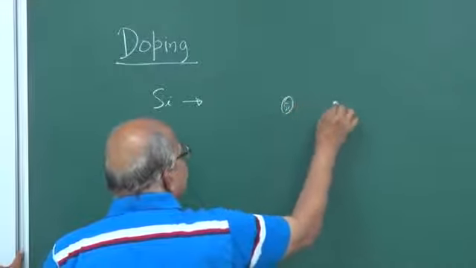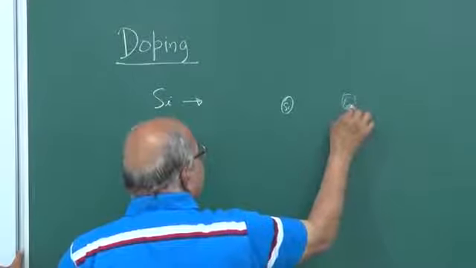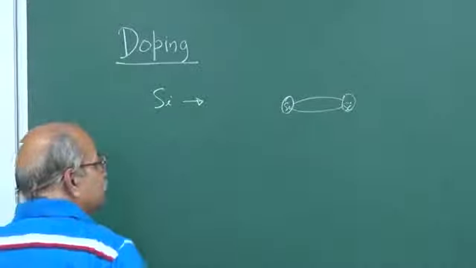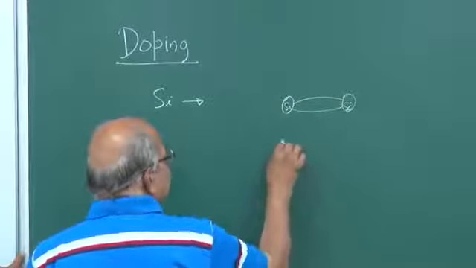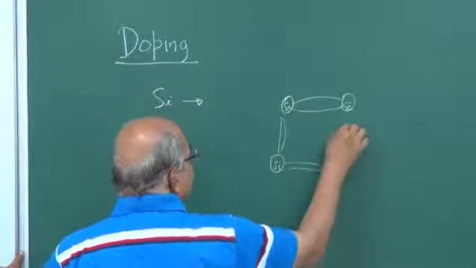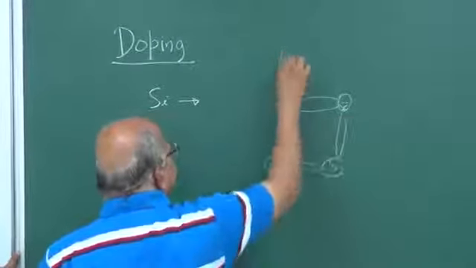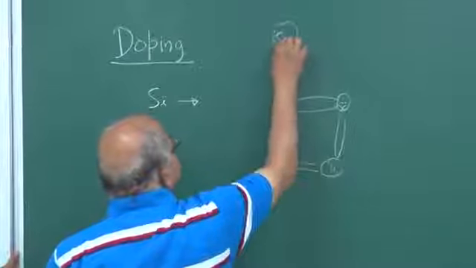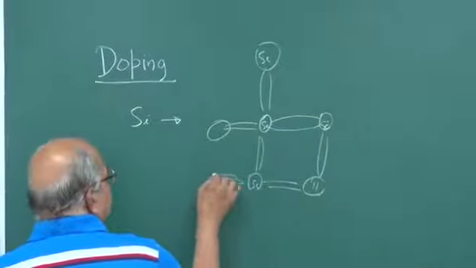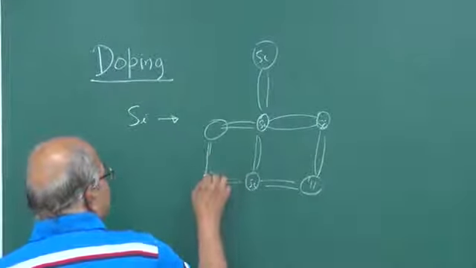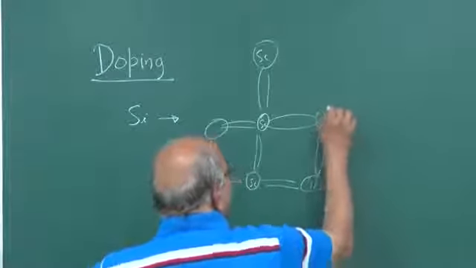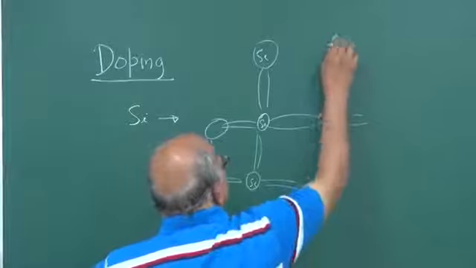So silicon and silicon are bonded by 2 electrons, 2 sp3 electrons, and each silicon is bonded to 4 other silicons and so on. So you have this kind of structure. This is a 2-dimensional representation. As I had told, the real one is 3-dimensional. I have shown that ball and stick model.